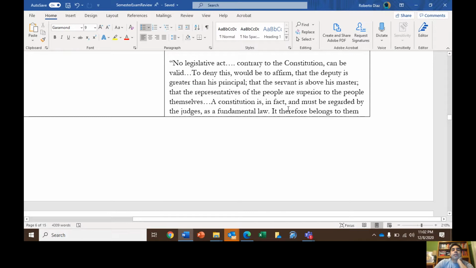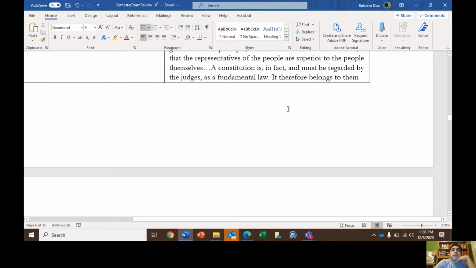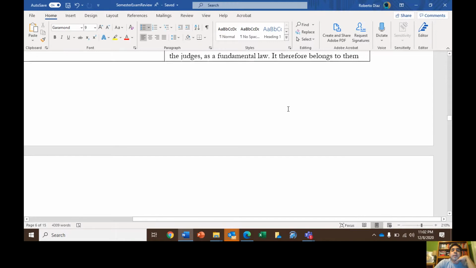Then it goes on, it says no legislative act contrary to the Constitution can be valid. To deny this would be to affirm that the deputy is greater than his principal, that the servant is above his master, the representatives of the people are superior to the people themselves. A constitution is in fact, and must be regarded by the judges as, a fundamental law.